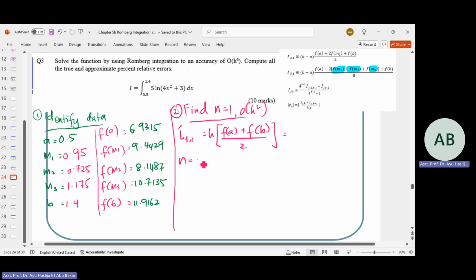So next is N equals to 2, I21. From the equation given over here, so you can straight away use the equation.